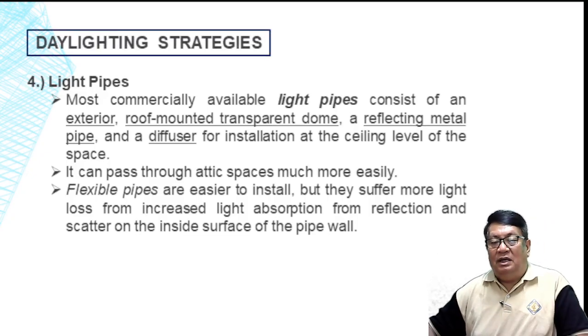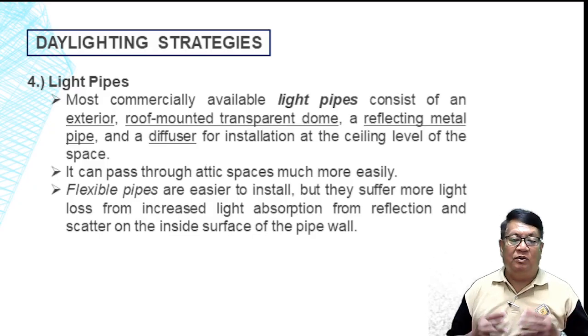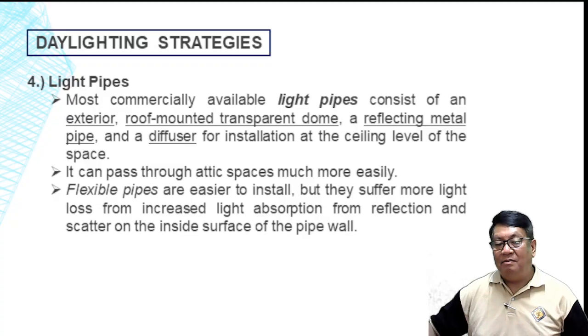Most commercially available light pipes consist of an exterior roof-mounted transparent dome, a reflecting metal pipe, and a diffuser. So this is very important that we have to consider these light pipes because sometimes our materials could be easily damaged. Okay.